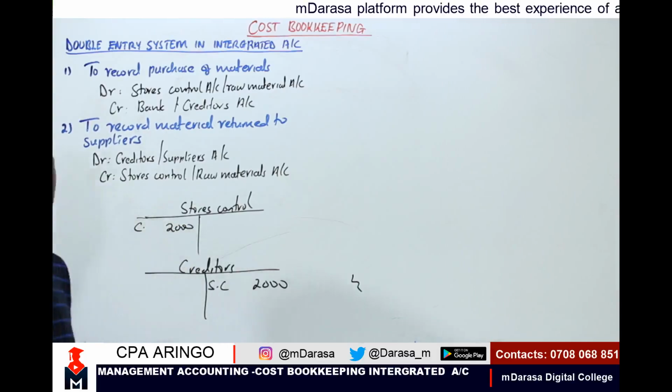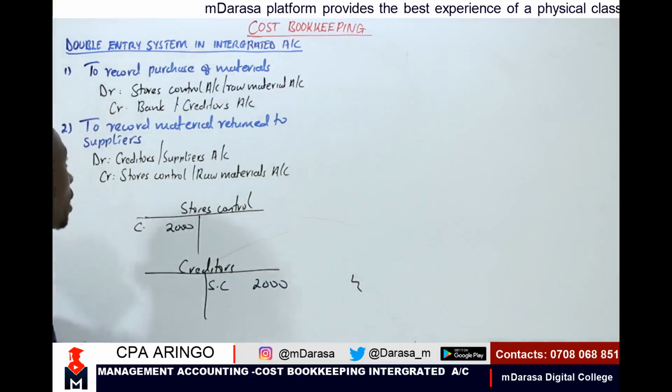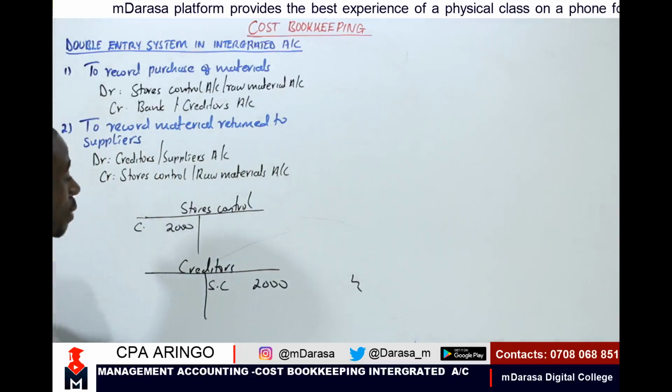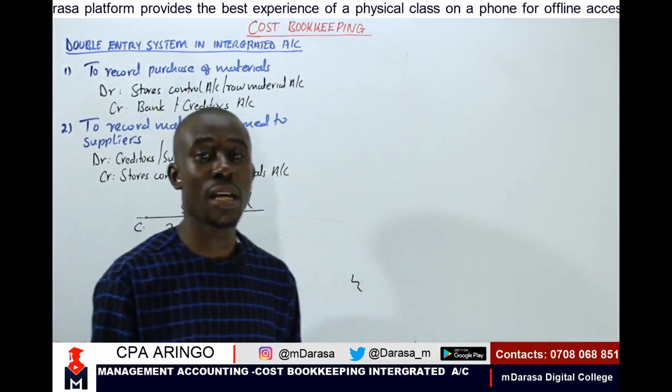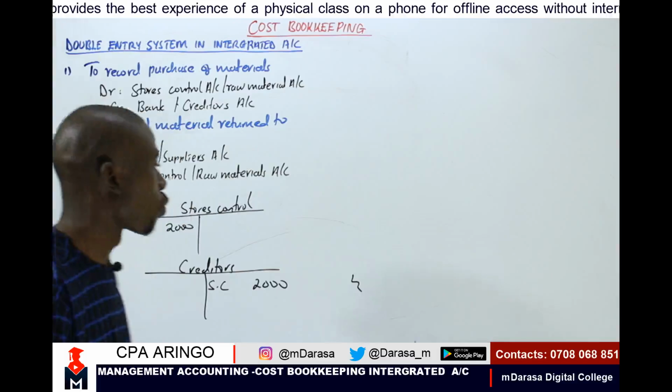Now I'm returning these goods. We talk of return outwards, because I'm returning them to suppliers. Assuming we notice that goods worth say 500 didn't satisfy us due to one or two reasons, so I'm going to return the goods.